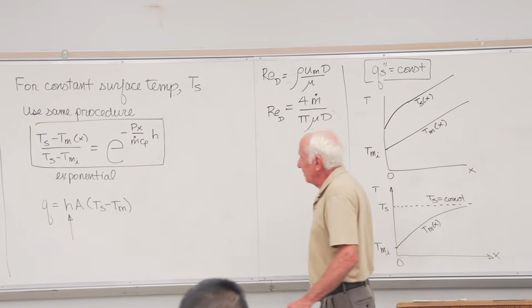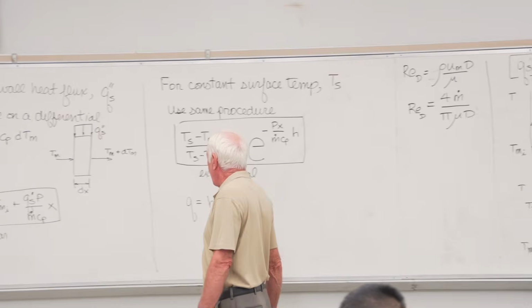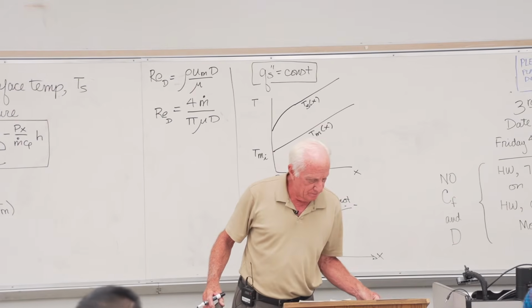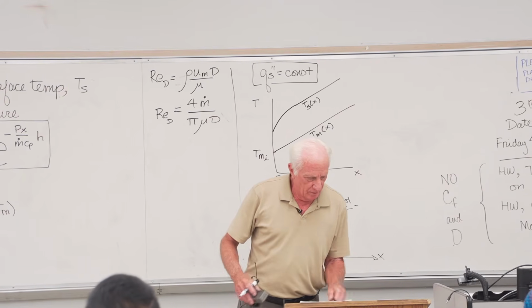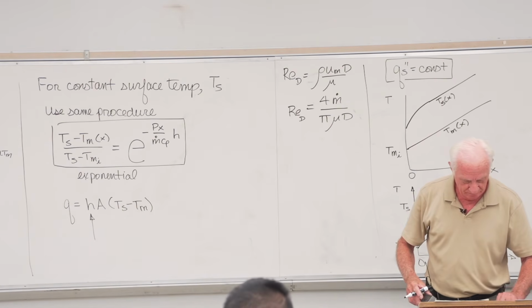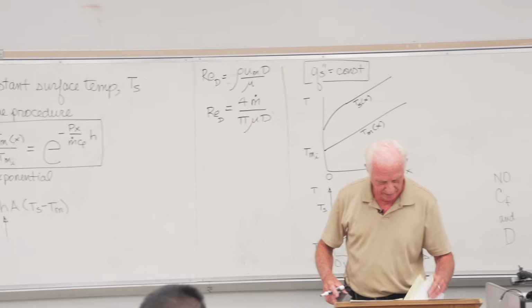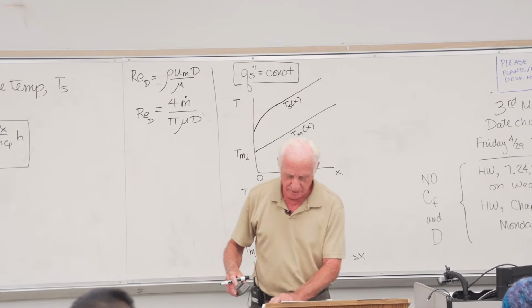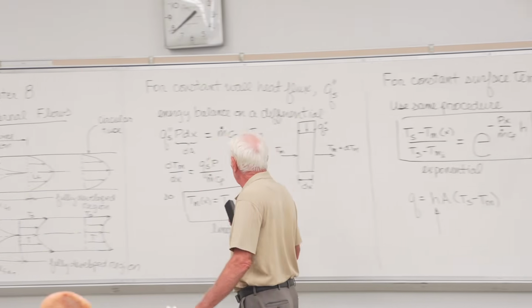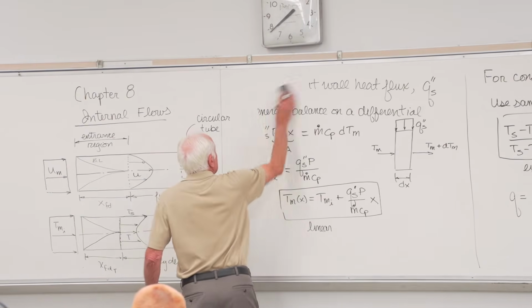But before we do that, I didn't mention, but I want to mention, how do you find X fully developed? So let's see if we can get the equation there. Here's my equation. Let's put that right here.